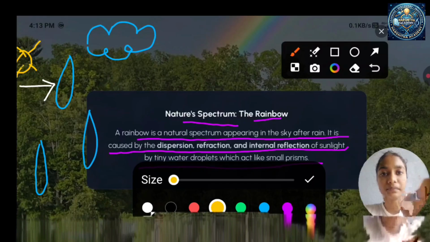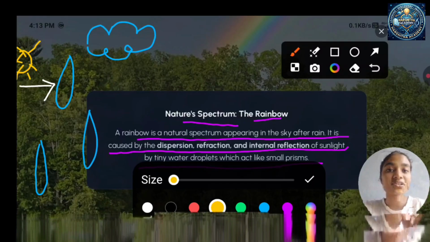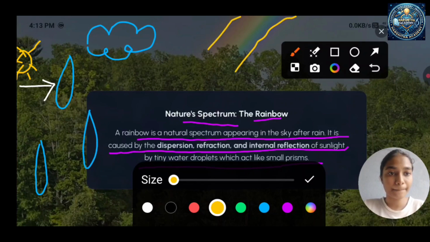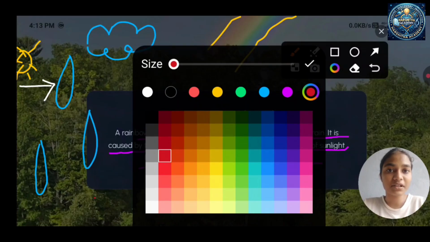This is the sun, and these are the white lights we are getting from the sun. And what I'm telling is the white light is made up of 7 different colors. What are they? VIBGYOR. These are 7 different colors. You can observe the rainbow here. Alright, so firstly I get red color.